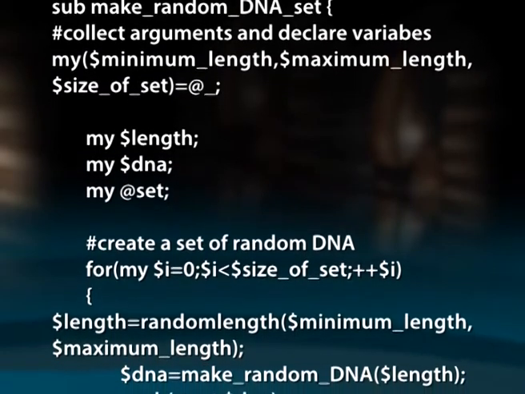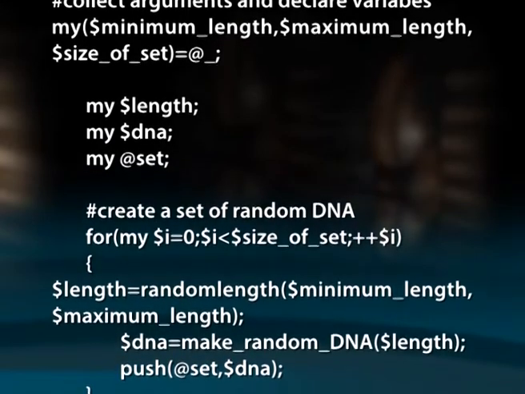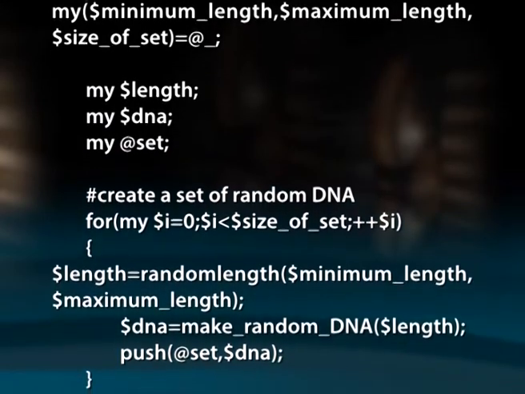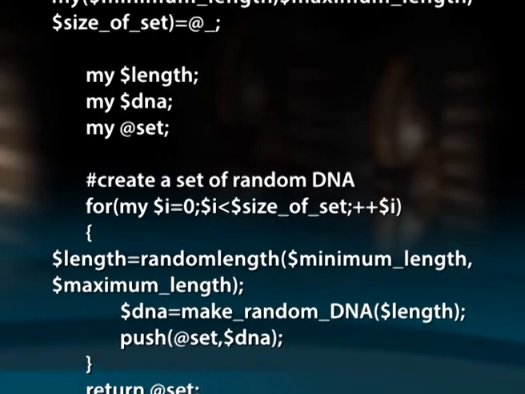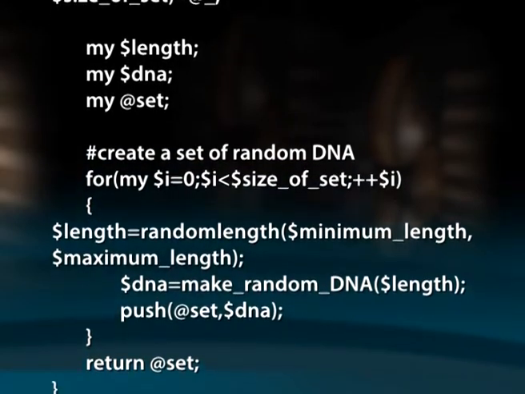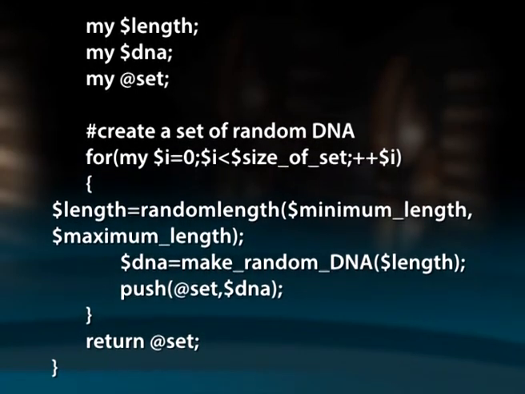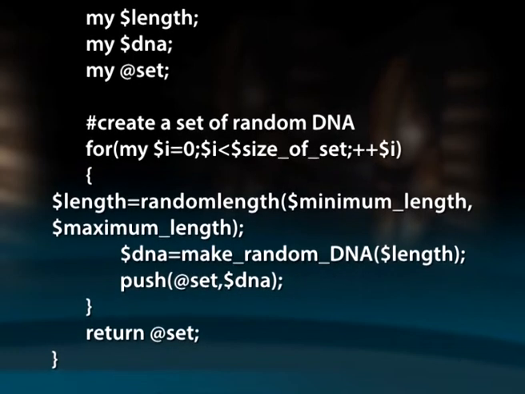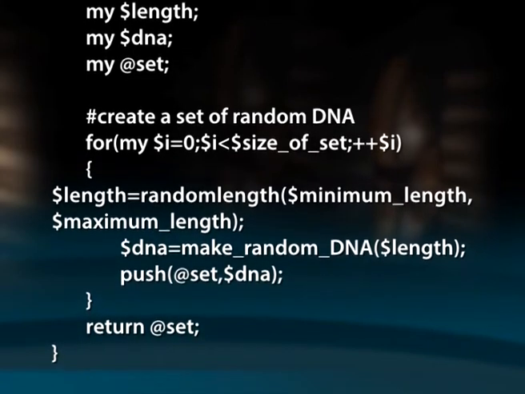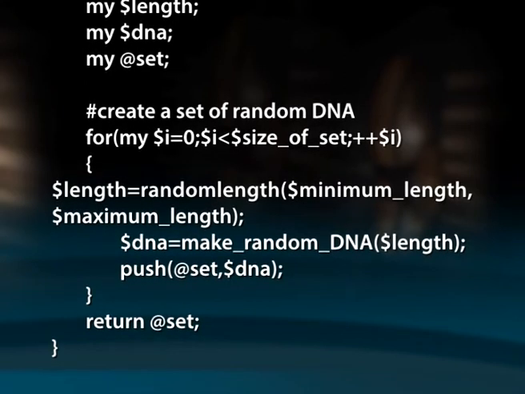A for loop is used as for my $i equals 0, $i less than $size_of_set, and plus plus $i. $length equals random_length of $minimum_length, $maximum_length. $DNA equals make_random_DNA of $length, and this DNA is pushed to the array @set. Finally, return the array @set.